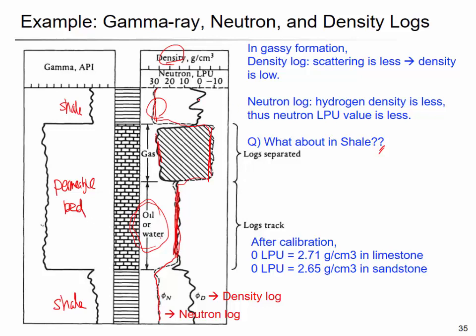And if you have shale, then shale has clay, and it also has hydrogen. So this neutron log recognizes the shale as fluid because it also contains hydrogen in the shale. Does it make sense? So it gives you the very low density.